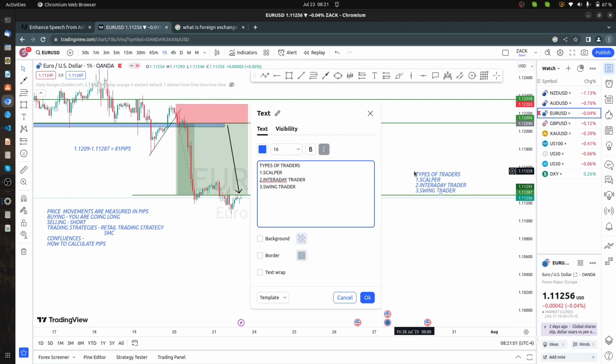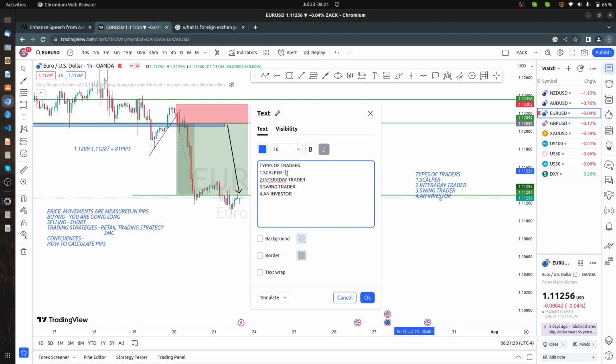Then number four, an investor. So these are the major four types of traders there are. A scalper is simply a trader who gets into the market for a few minutes then gets out, and usually they use the smaller time frames to trade.